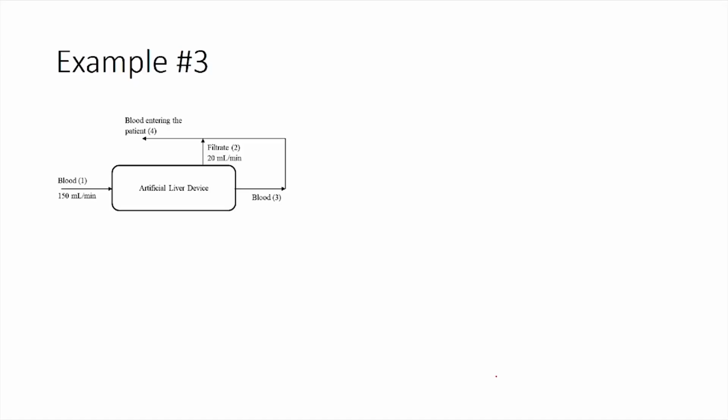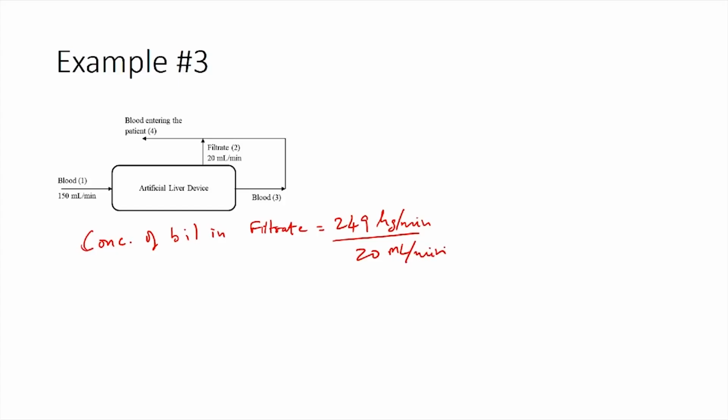So, based on that, we can calculate the concentration of bilirubin in filtrate as 249 micrograms per minute divided by 20 ml per minute, giving you a concentration of 12.45 micrograms per ml.